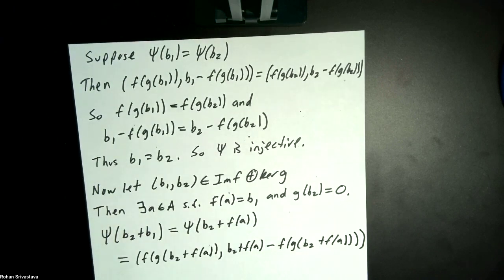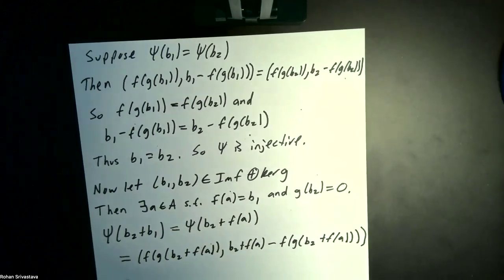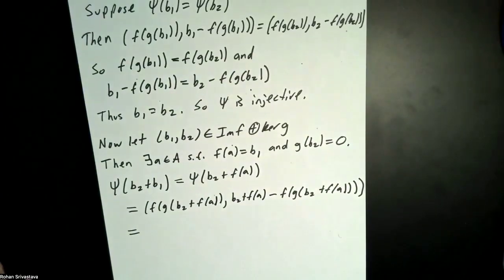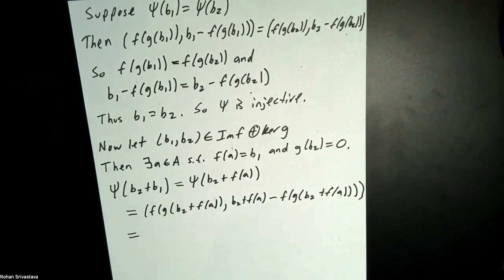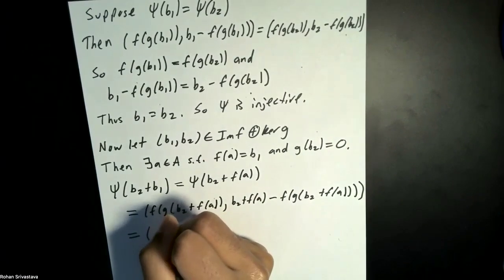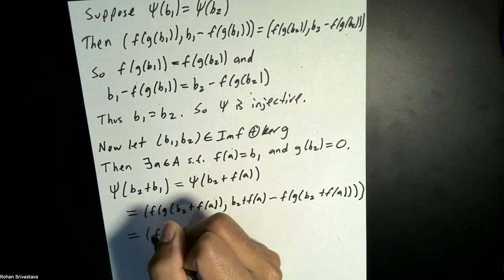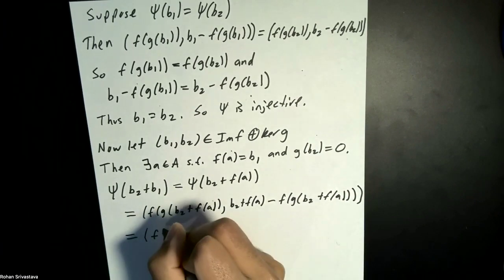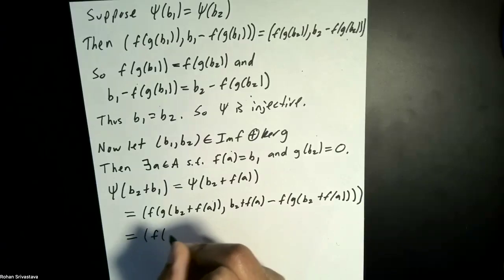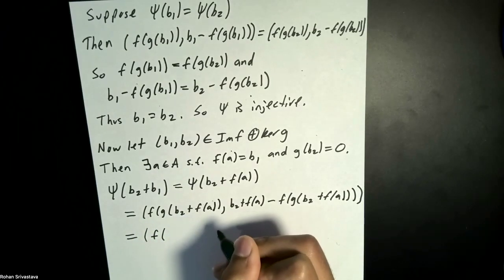Now we're going to use again the fact that f and g are R-module homomorphisms, and we're again going to use the fact from the problem statement that g composed with f is the identity. So, all right, what's this? This is f of g of B2 plus g of f of a.